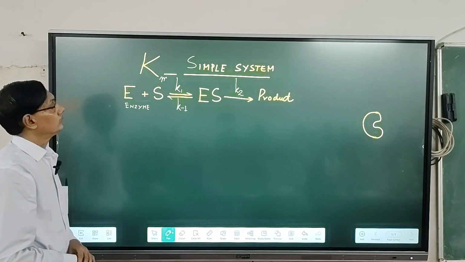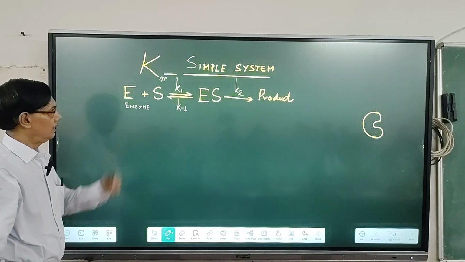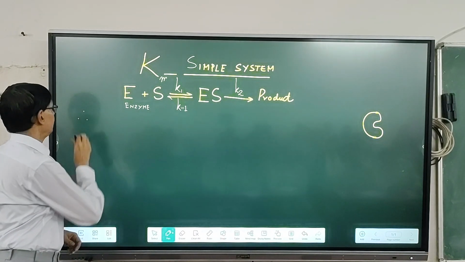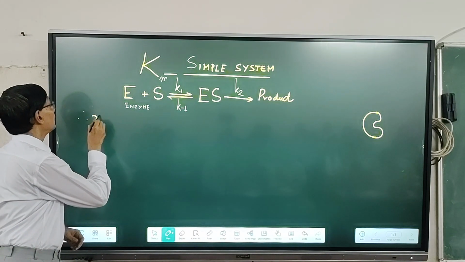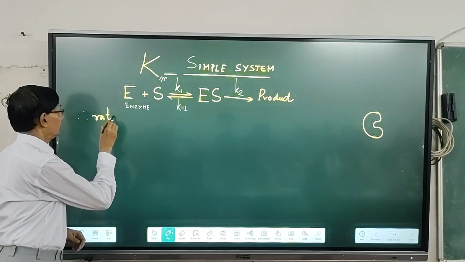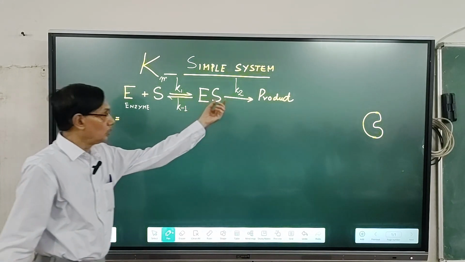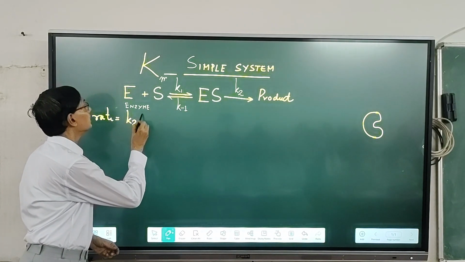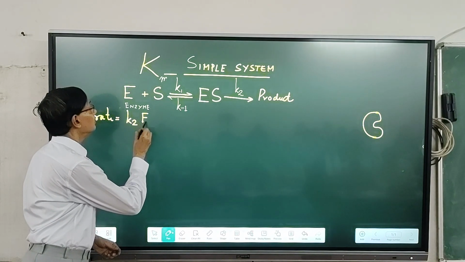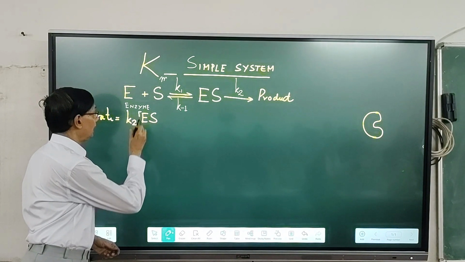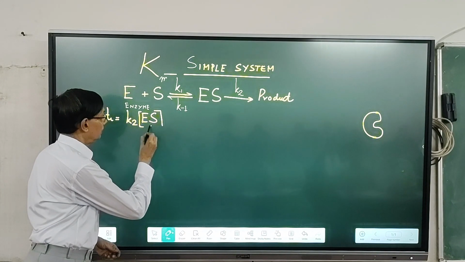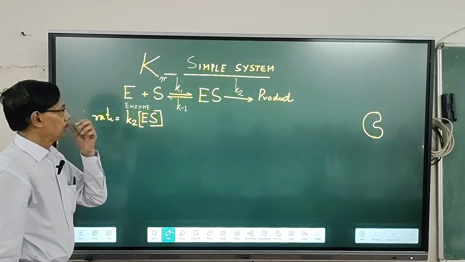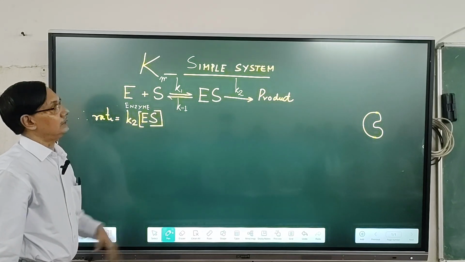And we did a lot of work in our lab. So basically we can write like that: rate is equal to, because this is the slow step, so yes, it is very simple. But we cannot ignore this equation, because whether it is competitive or non-competitive, anything, you have to apply the same method.